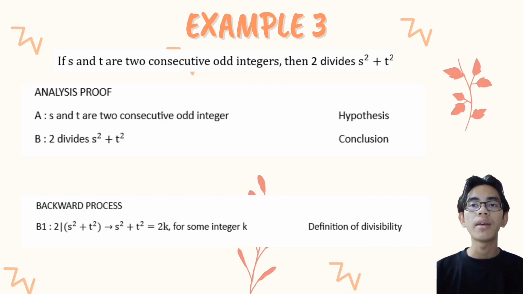B: 2 divides S squared plus T squared as the conclusion. The second step is we use the backward process. By using the definition of divisibility, we get B1: S squared plus T squared equals 2K for some integer K.